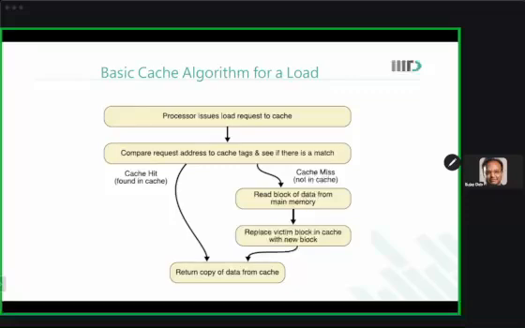If there is a match, then we call it a cache hit. The copy of the data from the cache is returned to the processor. So basically you will execute the load. So the load essentially is saying that you go to this specific memory and read the content of that memory and load it into a particular register, right?